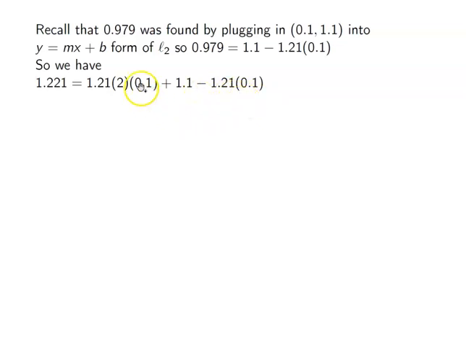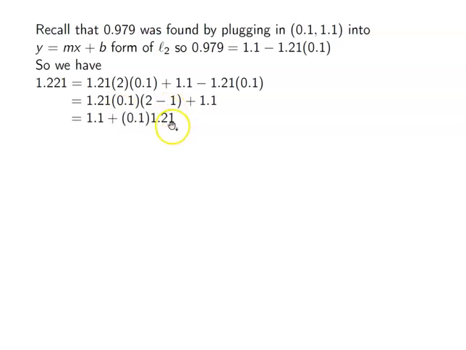So now what you can see is that I have my step size here showing up, I have my step size here showing up, and I have 1.21 showing up twice, okay? So if I pull out that common factor, 1.1 is over here all by himself. I have 2 of these minus 1 of those, okay?